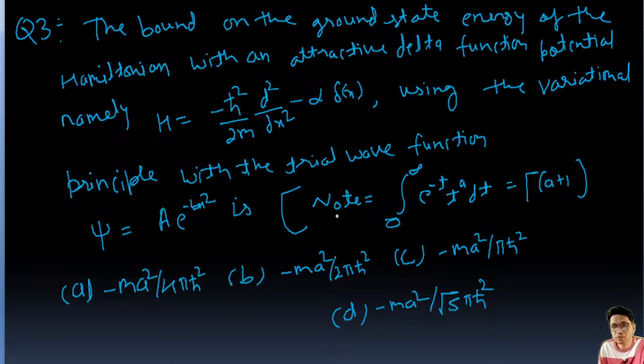So using the variational principle you need to find the minimum ground state energy. That's what this question is saying. So I'm going to solve it.